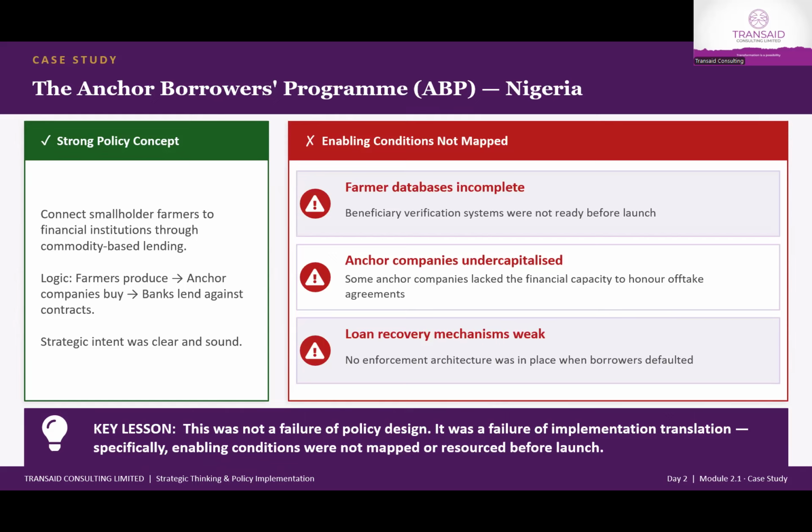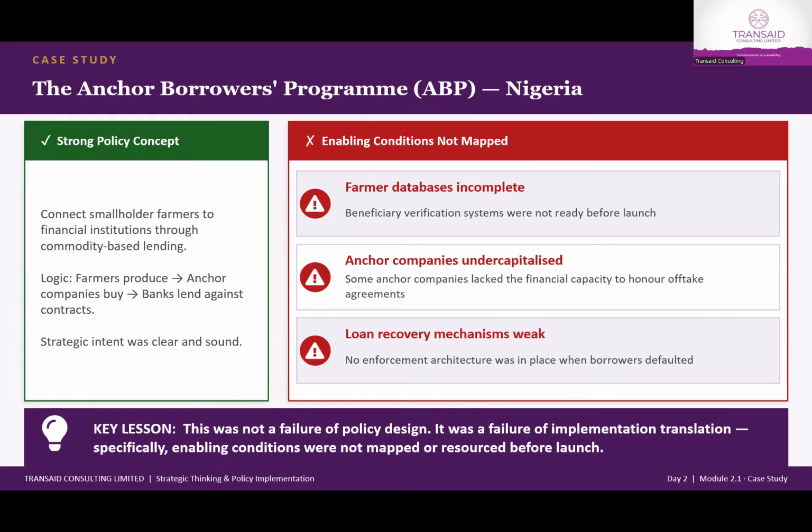Right? Now, the payback. When it is harvest time, the farmer does not have to wander the street looking for a buyer. The anchor company, the big processor, will just take it. They are legally bound to buy the harvest at a locked-in price.